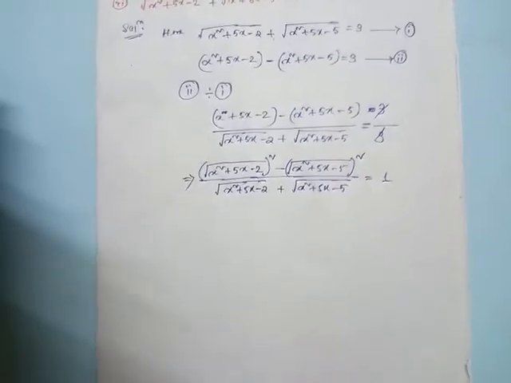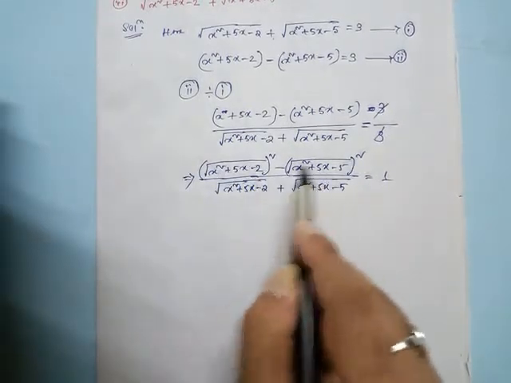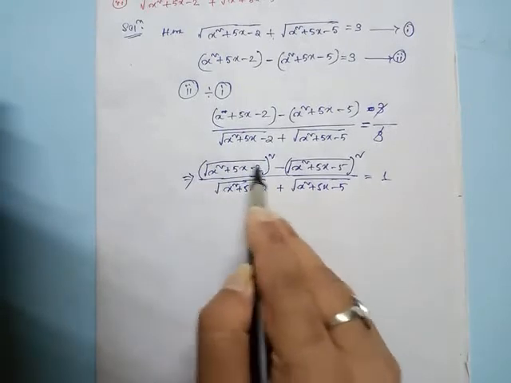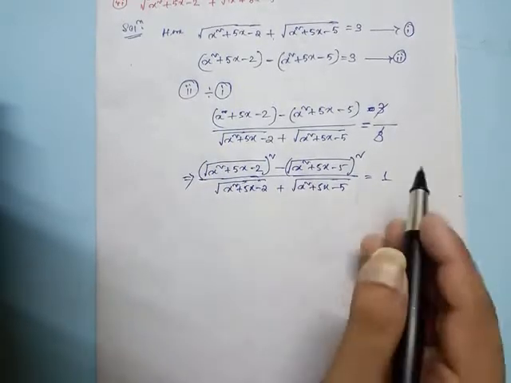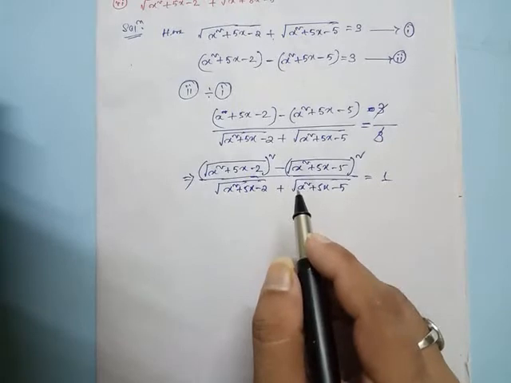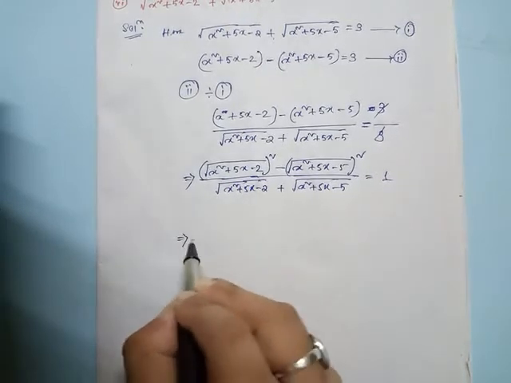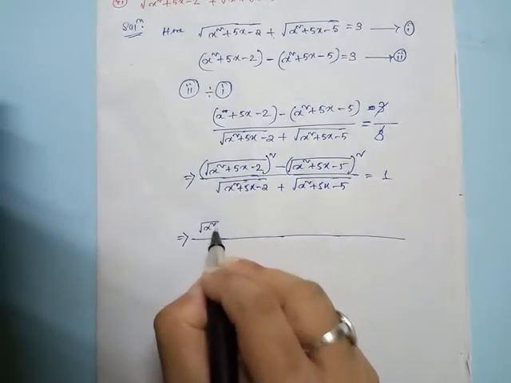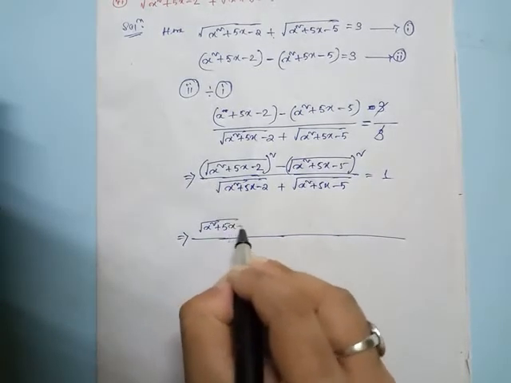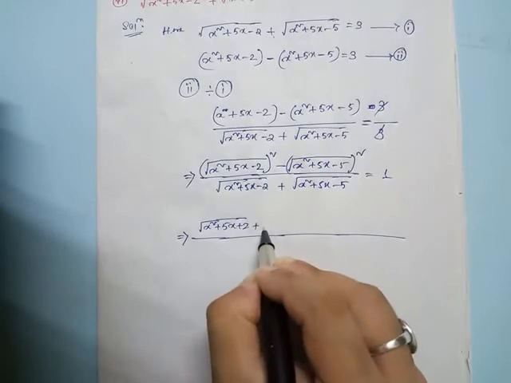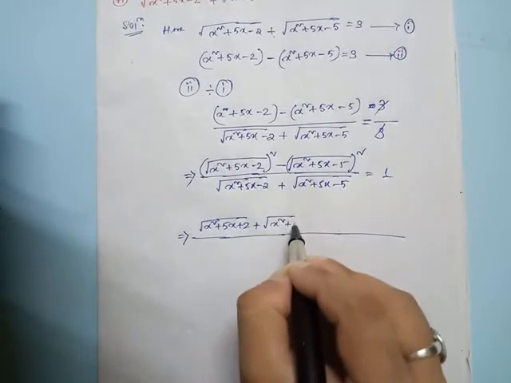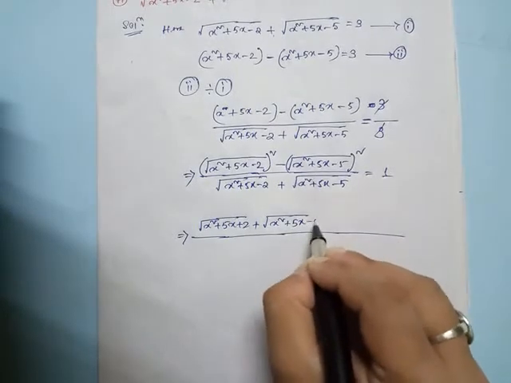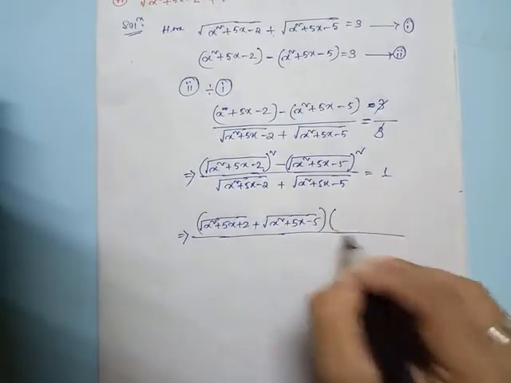Now look student, again this is itself the a square minus b square formula, which means (a plus b)(a minus b). Implies, then here I will write a square, which means this equation first, a square plus b square means a plus b, and next one is a minus b.